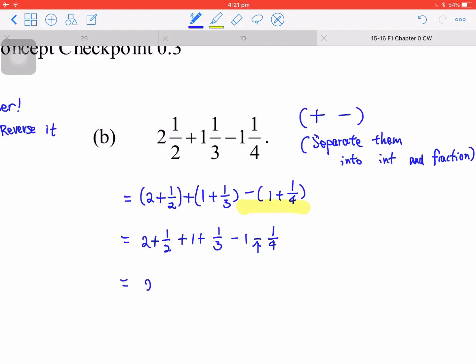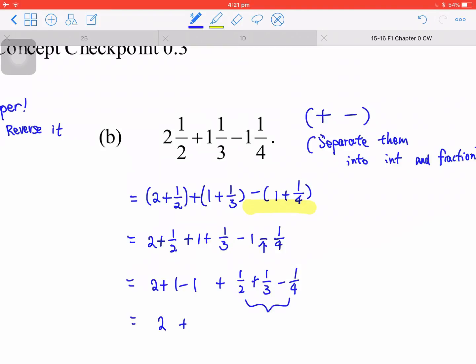So you have 2 plus 1 minus 1, and then 1/2 plus 1/3 minus 1/4. Then for the fractions, you just expand them. That means you have to find the LCM of 2, 3, 4 in this case.